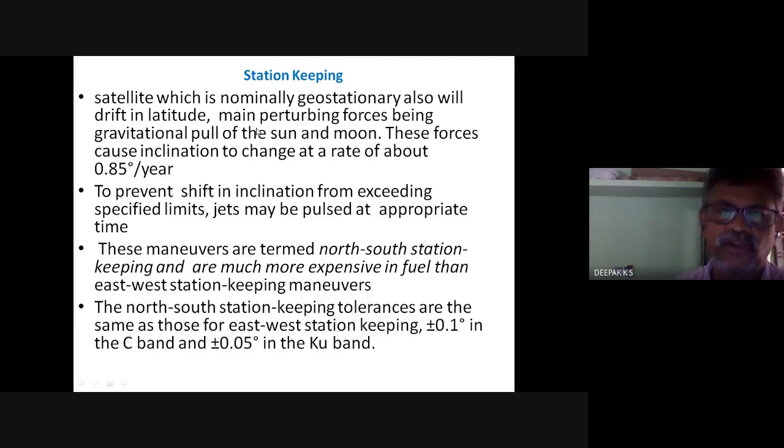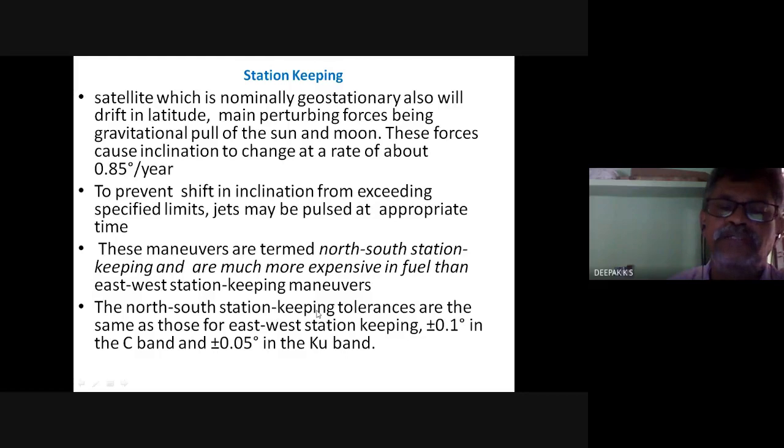So we need north-south station keeping to prevent this shift in inclination from exceeding the specified tolerance. Jets must be pulsed at the appropriate time. These maneuvers are termed north-south station keeping and are much more expensive in fuel than east-west station keeping maneuvers.